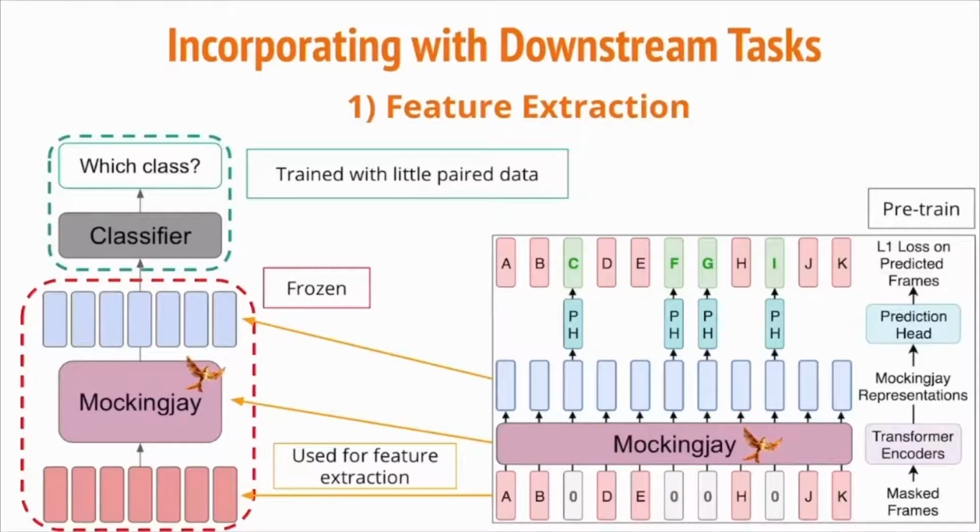Here we illustrate an example downstream model. For example, it can be a phoneme classifier or a speaker classifier, which we will train with little paired data. The green box illustrates that the supervised loss is applied on the classifier only, and no gradient will flow through the frozen Mockingjay model.